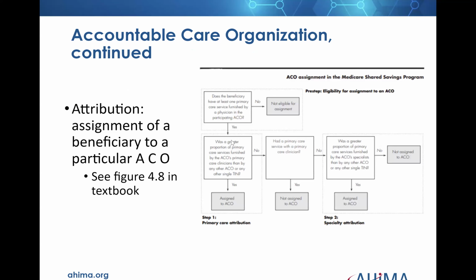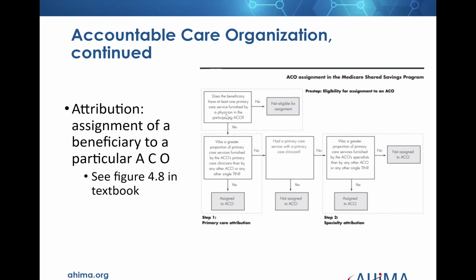We can see here that we're assigning a beneficiary to a particular accountable care organization, as illustrated in 4.8 in your book, right? So again, it's not just a free for all where people are just getting reimbursed, but they go through some algorithms, right?